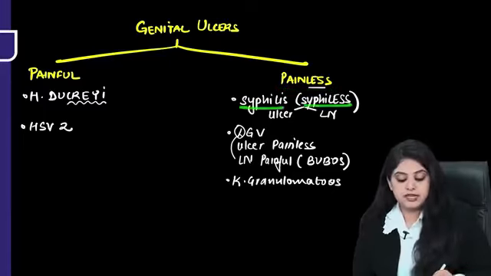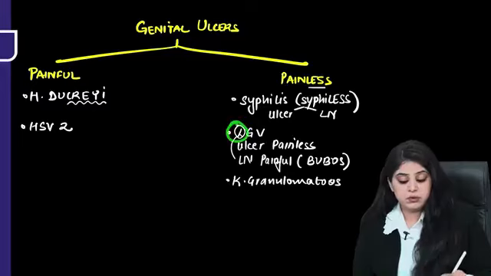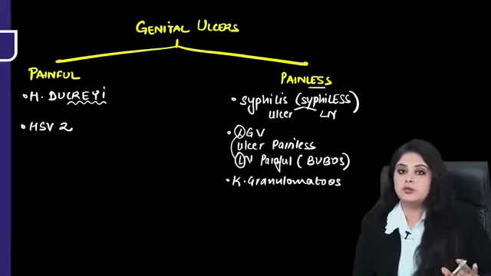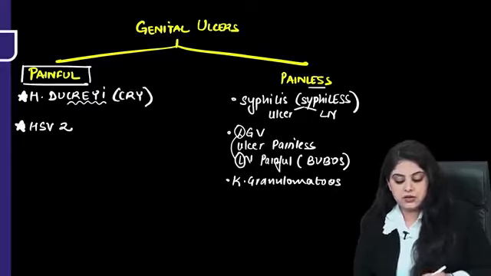So, remember, syphilis is painless, lymphogranuloma venereum is painless, but the lymph node becomes painful, and Klebsiella granulomatis is also painless. What comes in painful? There is crying with pain, that is Haemophilus ducreyi, cry, ducreyi for cry, and finally HSV2. And that is how you are going to learn this. So I hope everyone's okay with this information and we can move forward.